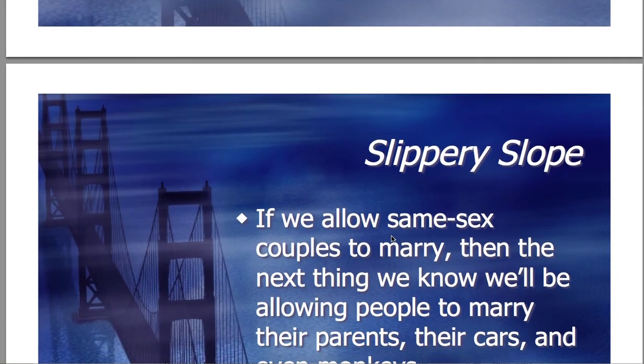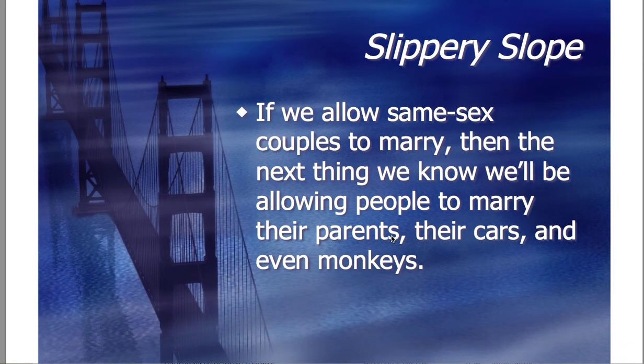But here's another one that we've actually seen frequently. If we allow same-sex couples to marry, then the next thing we know, we'll be allowing people to marry their parents, their cars, and even monkeys. We have to be careful of this one as well. This is just an example from what we see in society right now.